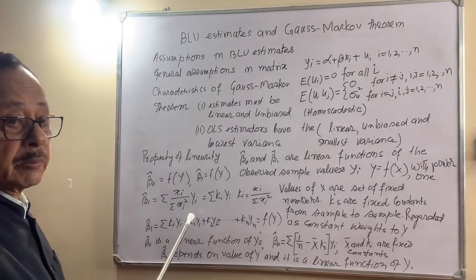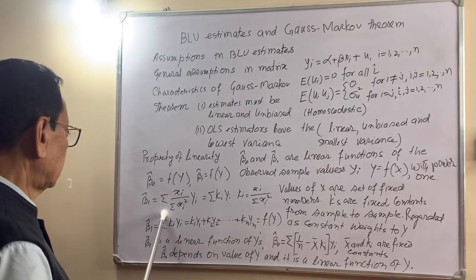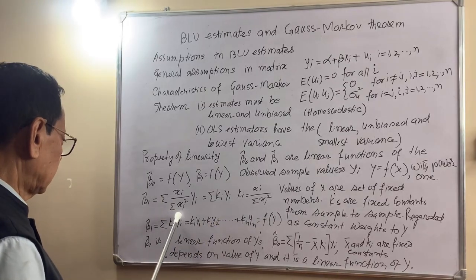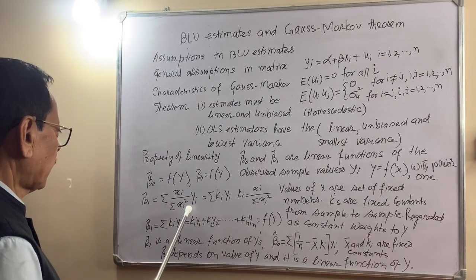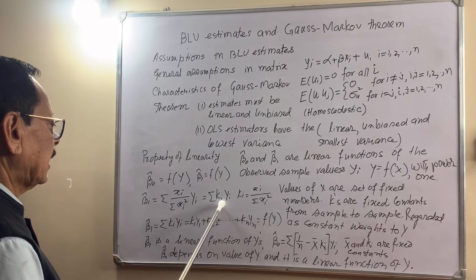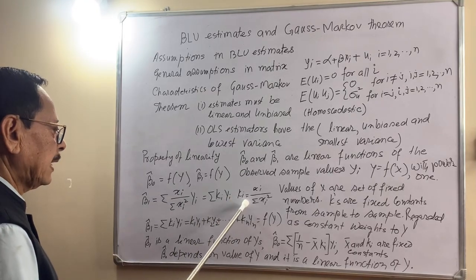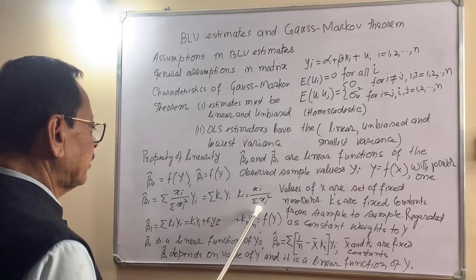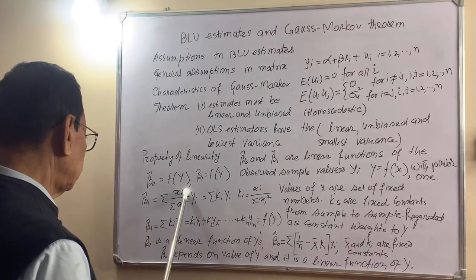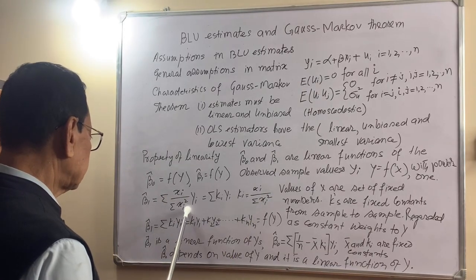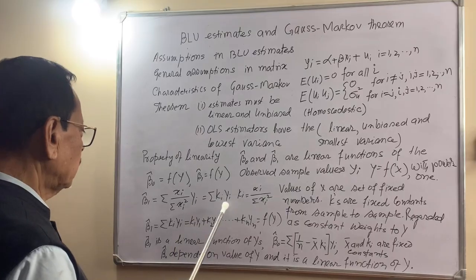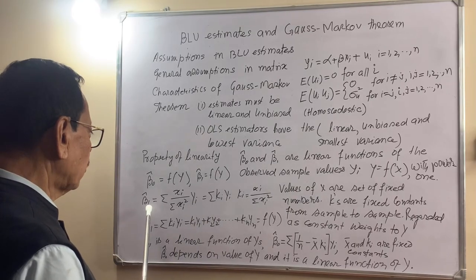We have already derived this in other lectures. So it is equal to summation ki yi, where ki is equal to xi by summation xi square.